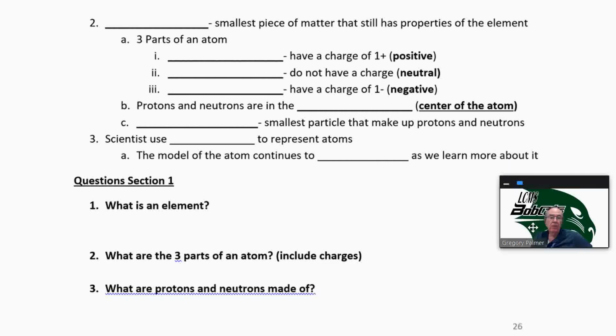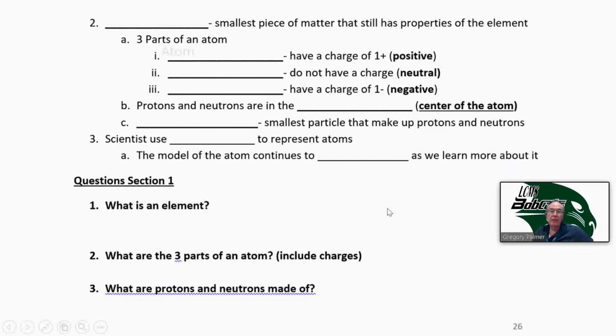Now, some of this should be reviewed from the 6th grade, but again, the atom is the smallest piece of matter that retains the properties of the element. And there are 3 parts to an atom. Protons, which have a positive charge. Neutrons, which are neutral.